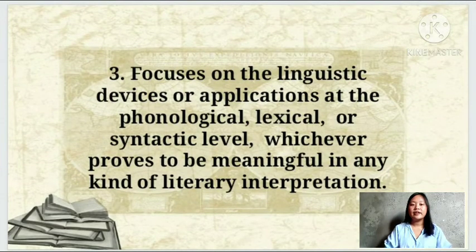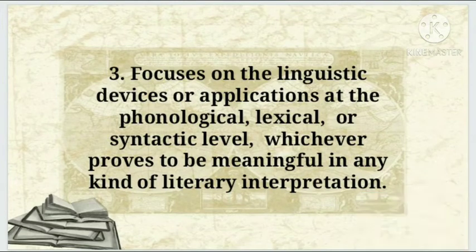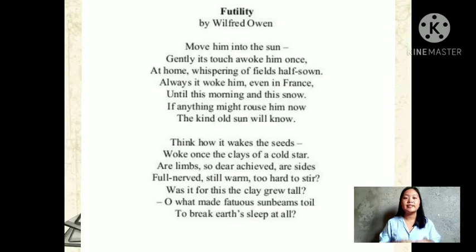The third characteristic of stylistic approach is it focuses on the linguistic devices or applications at the phonological, lexical, or syntactic level, whichever proves to be meaningful in any kind of literary interpretation. An example of this is the word sun in the poem entitled Futility by Wilfred Owen.